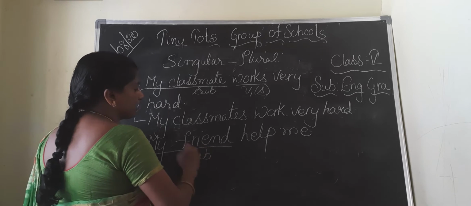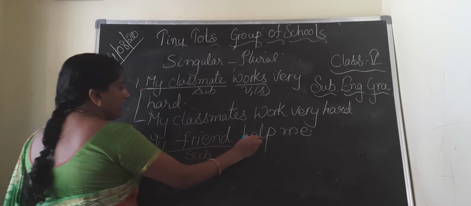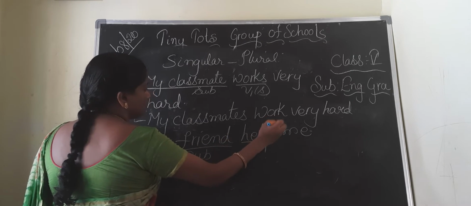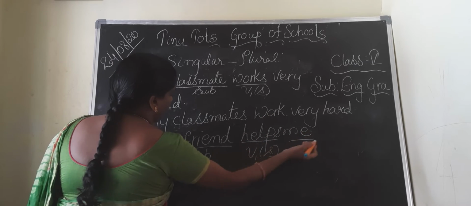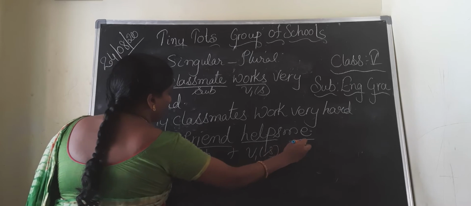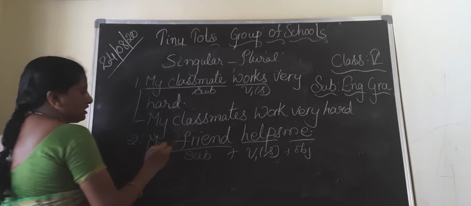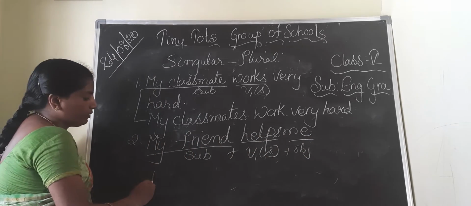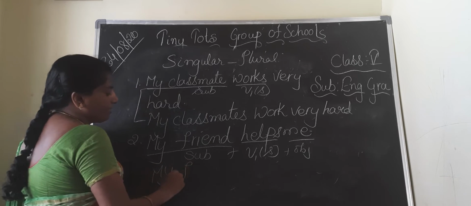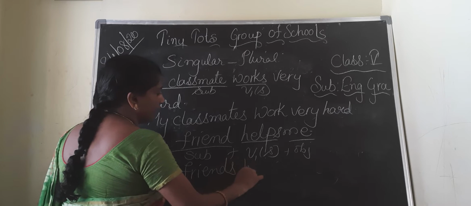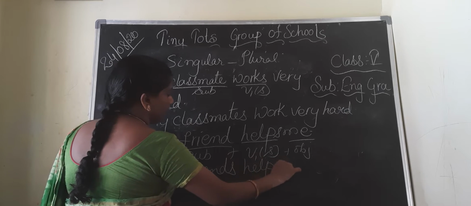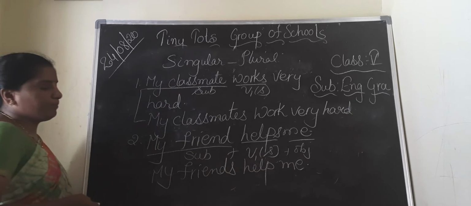So this is the subject, my friend. Helps is V1 with S. Me, object. When I am changing the singular subject into plural, it will become my friends help me.